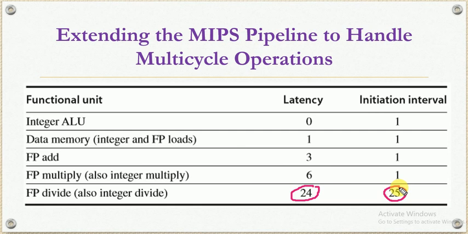So just assume that this is the situation when we are using multiple functional units. Initially we were discussing multiple functional units that can be executed within a single clock cycle, but we have taken the assumption that some operations like FP operations cannot be completed within one clock cycle. Normally they will take more than one clock cycle.